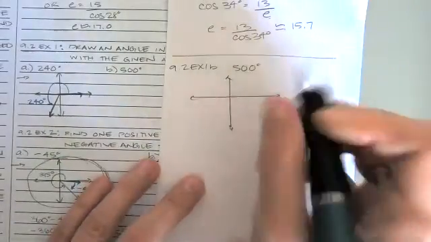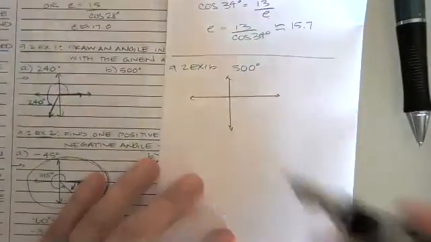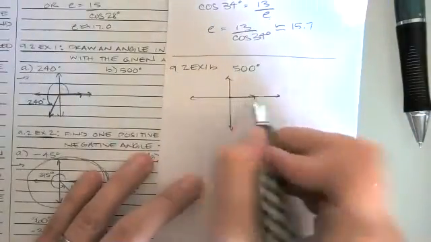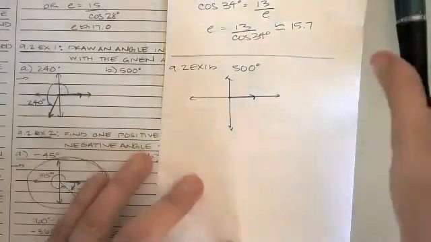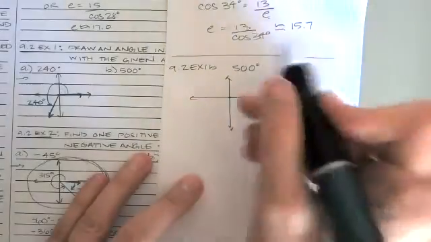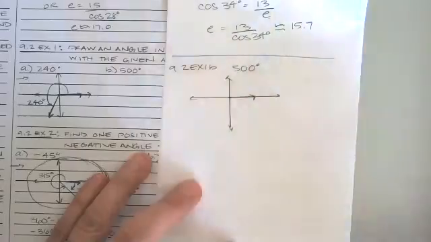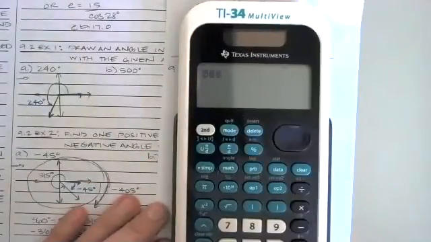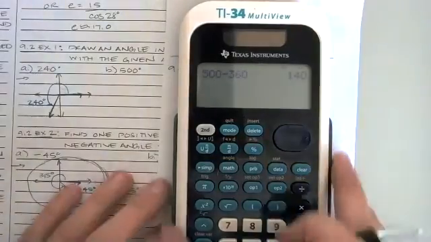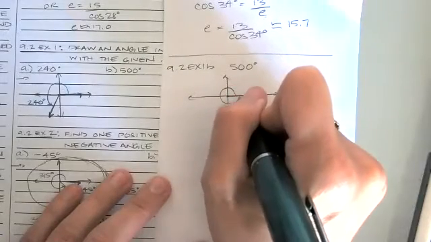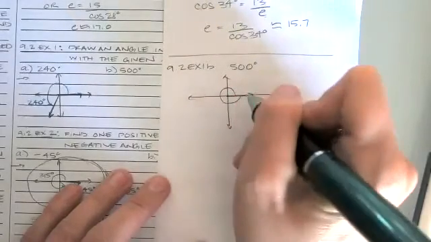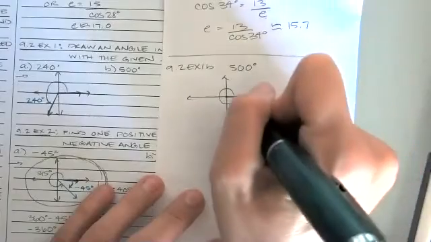If this is our initial side right here, we're already going to go 1 full time around, right? But how much farther around do we need to go? Do you know that off the top of your head? Yeah, me neither. So I say 500 minus 1 full revolution gives us 140 degrees.